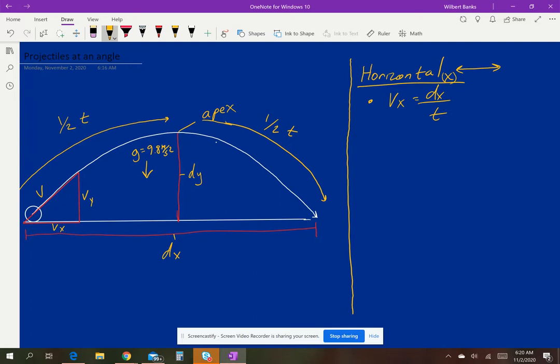And we can rearrange this equation to solve for other things, like dx equals Vx times t. And also, to solve for time, t equals dx over Vx.